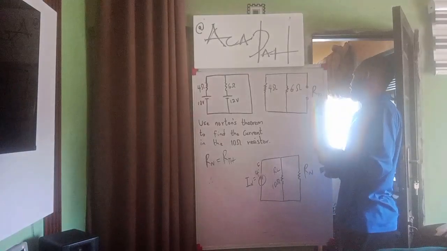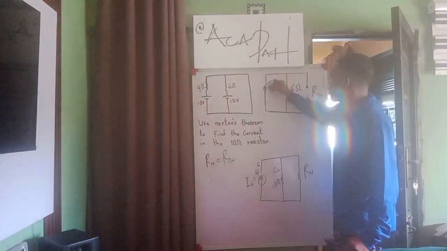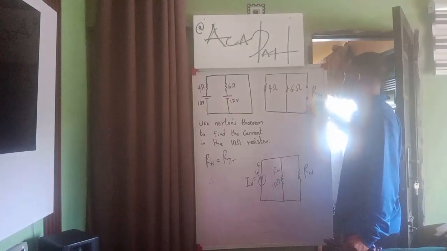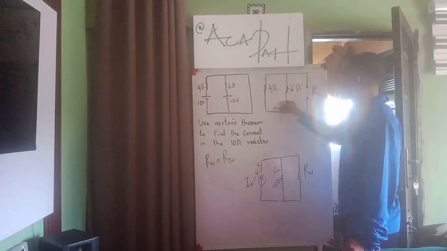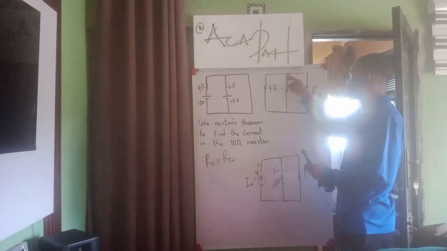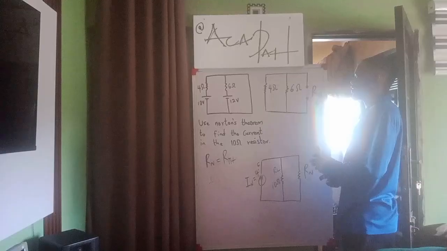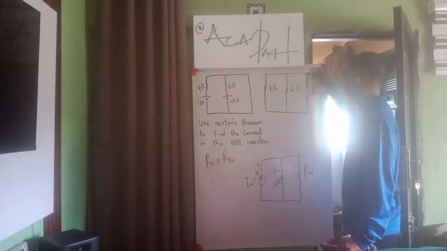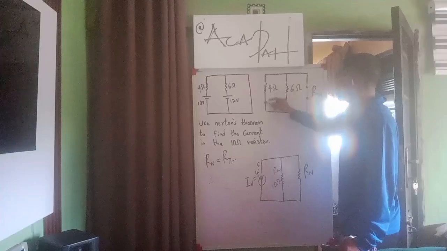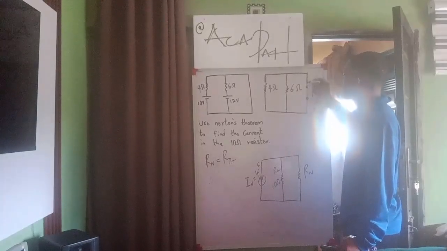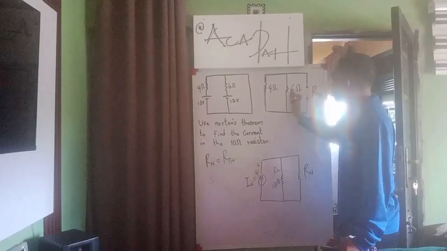You see that if I decide to look at it this way, these two are actually in parallel, not in series. Because watch, assuming there is something here and here, that will be series. But here you will now see that this will look at this, and then this will look at this.